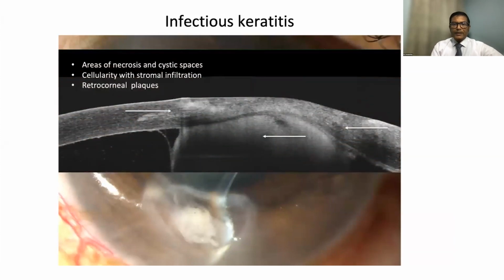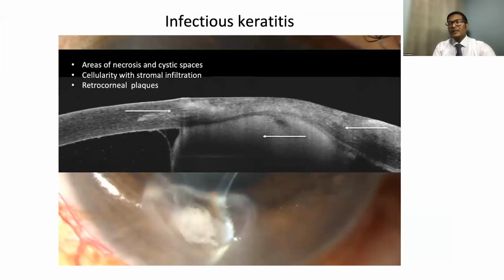In addition, there are certain ancillary diagnostics that we can perform in microbial keratitis, and one such is the anterior segment OCT. This is important to understand areas of necrosis, cystic spaces, cellularity, areas of stromal infiltration, and the presence of any retrocorneal membranes or plaques.